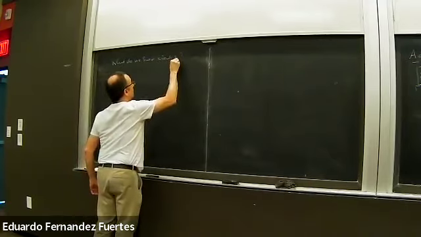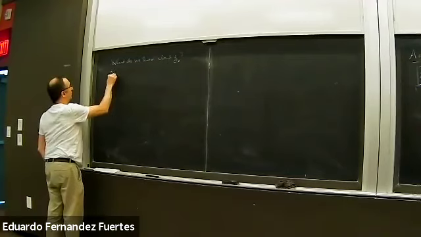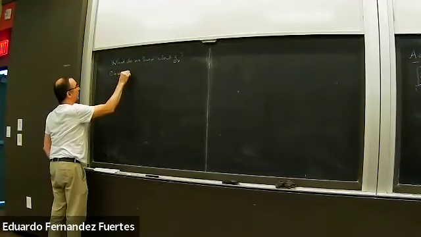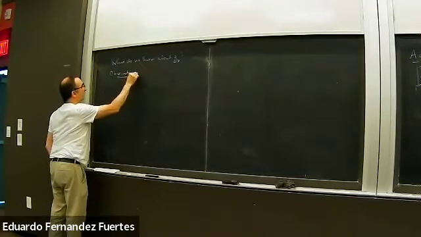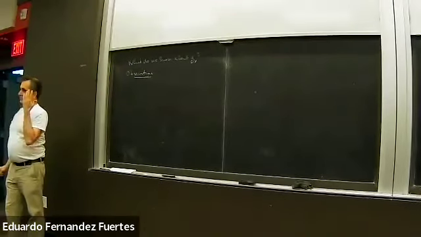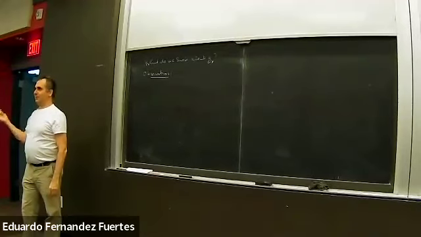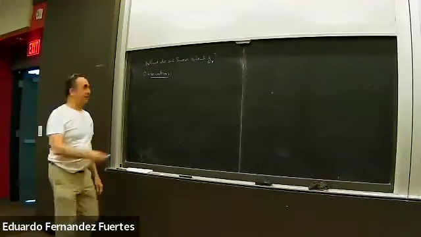So there are a few simple observations. The first is that the minimal genus of a homology class alpha is the same as the minimal genus of minus alpha.